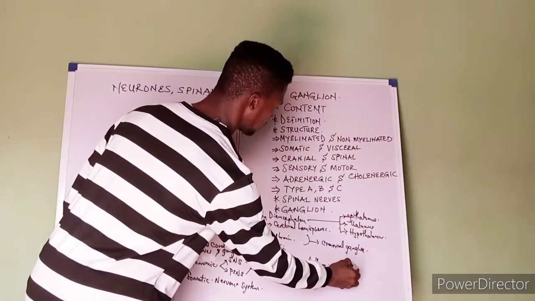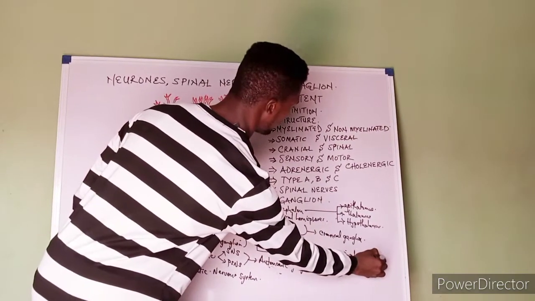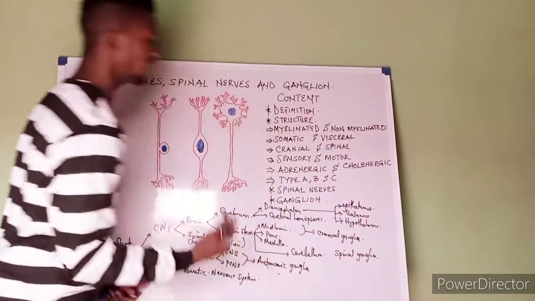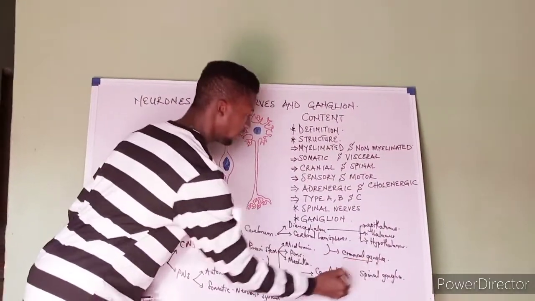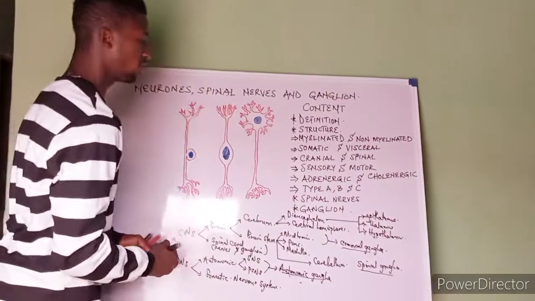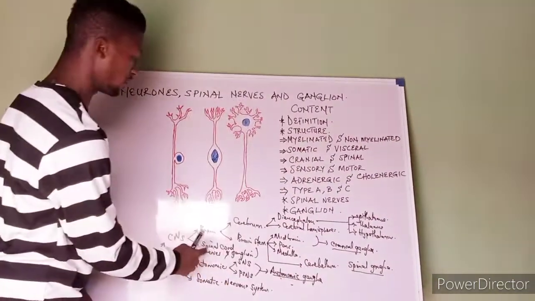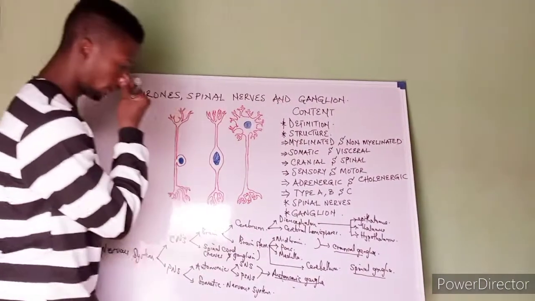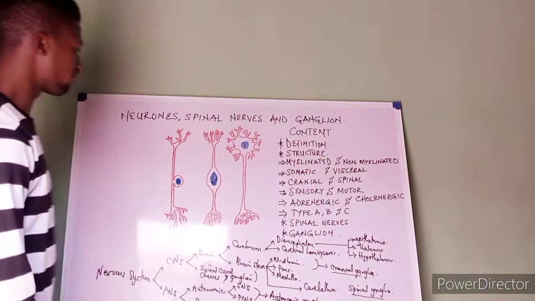We call it the spinal ganglion. So we have three different ganglia in the body: the cranial ganglia, the spinal ganglia, and the autonomic ganglia. The cranial ganglia develop from the brain, the spinal ganglia develop from the spinal cord, while the autonomic ganglia develop from the autonomic nervous system.